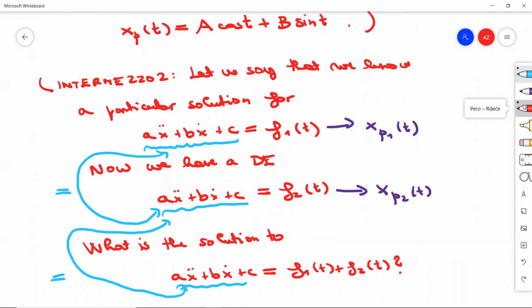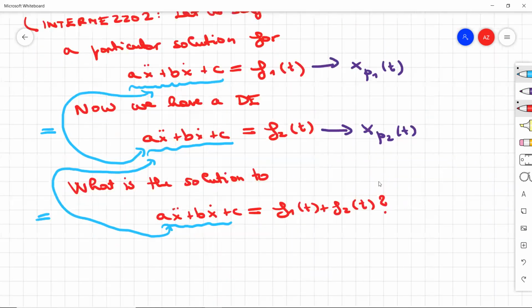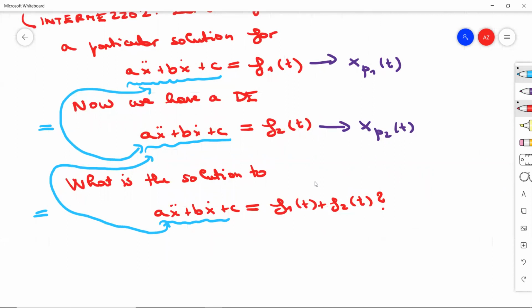So what would you guess would be the solution to this new differential equation? Yes, so just their sum, xp1 plus xp2. And what's the reason for this?